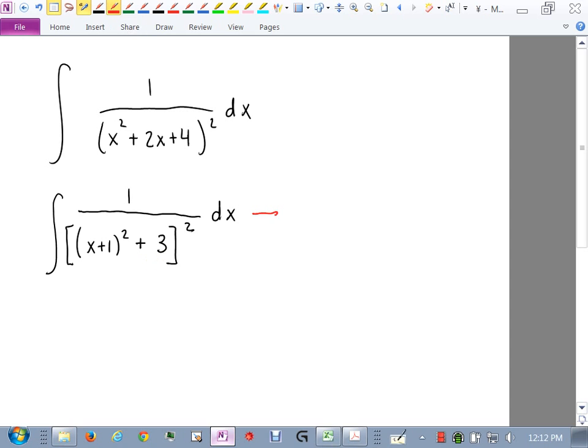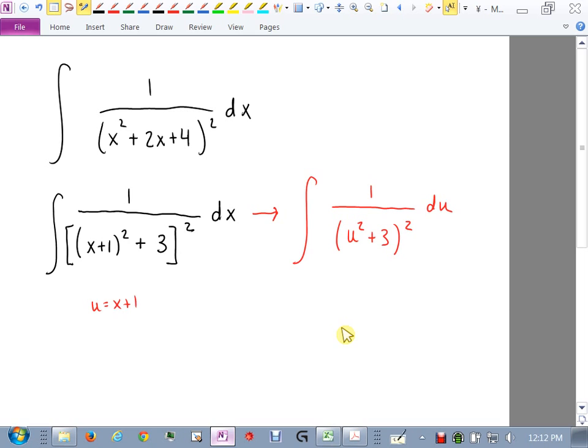Now what I'm going to do, I'm going to convert this over for a second. Do you agree that this has the same format as this? Like if I did a basic u substitution here, where u is x plus 1, then du would be dx, and everything works out. It's a nice conversion that way, right?